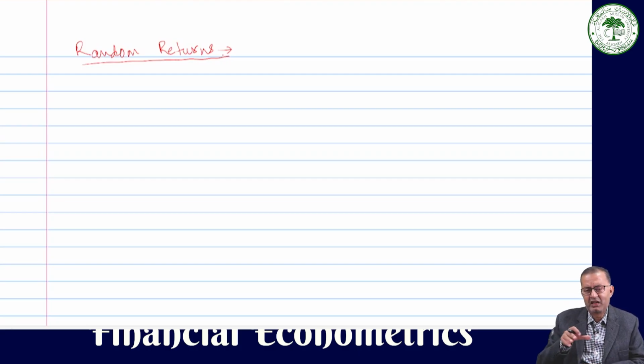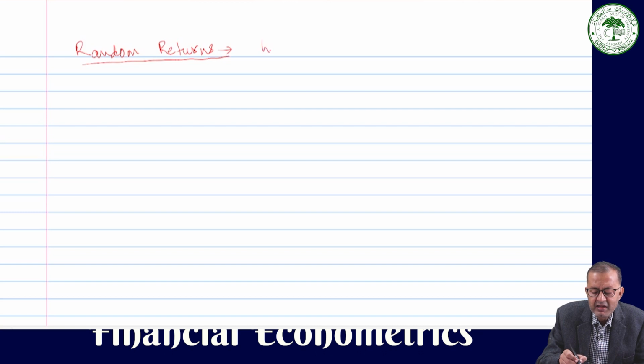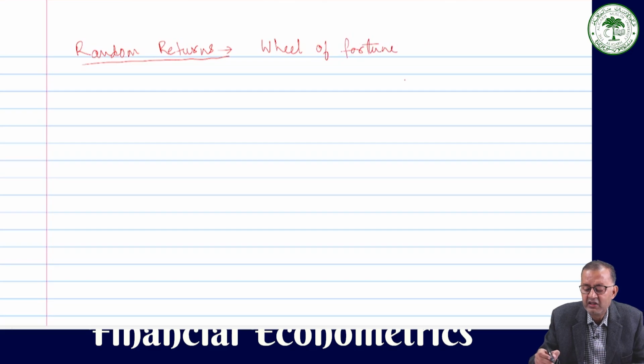The concept of random returns we can understand with the help of the two spinning wheels that normally we see in the casinos. And these spinning wheels are of two types. One is known as the wheel of fortune and another one is known as the betting wheel.